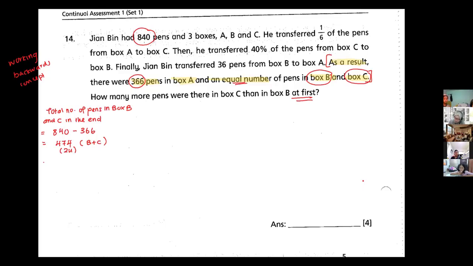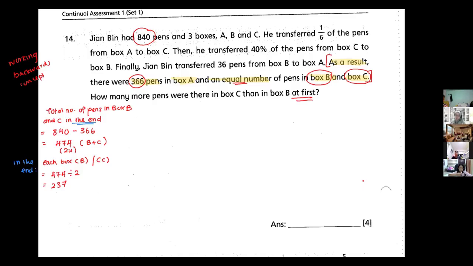To find each box, box B or box C, I take 474 divided by 2 and I will get 237. This is all in the end.